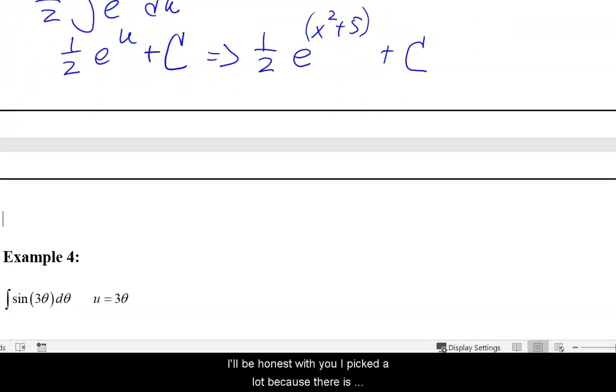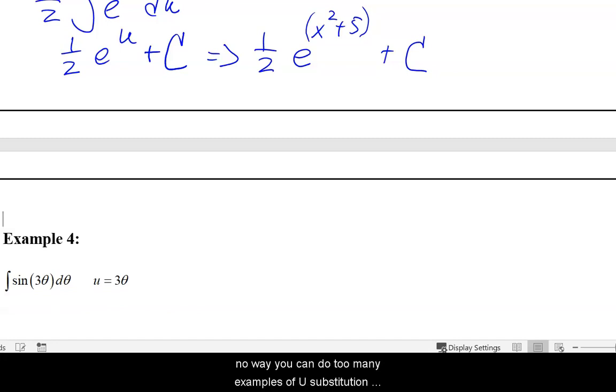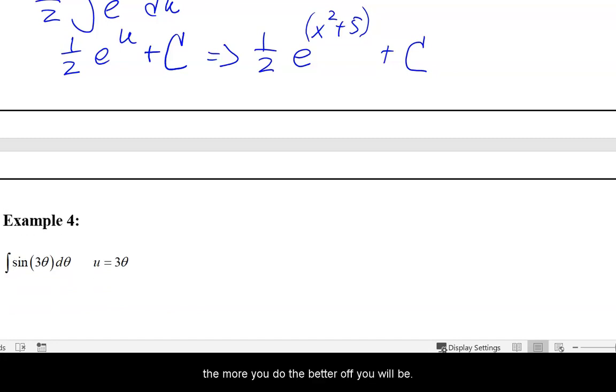I'll be honest with you, I picked a lot because there is no way you can do too many examples of u substitution. The more you do, the better off you will be. In this particular example, we have a trig function, sine. The argument to the trig function is not simply the variable by itself.